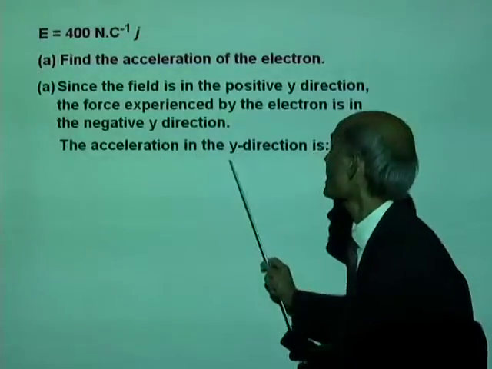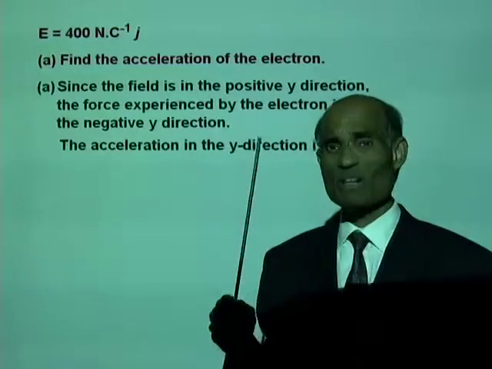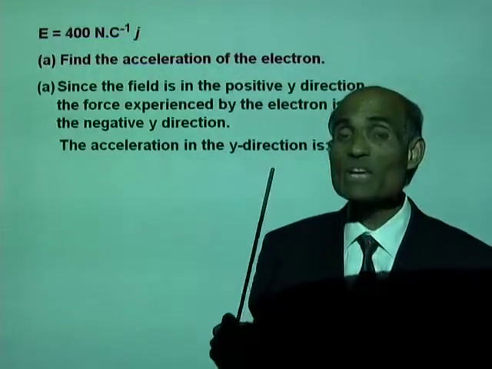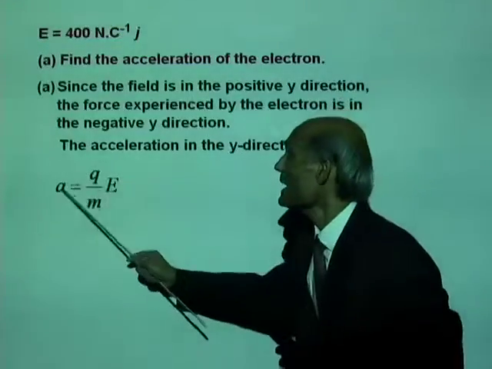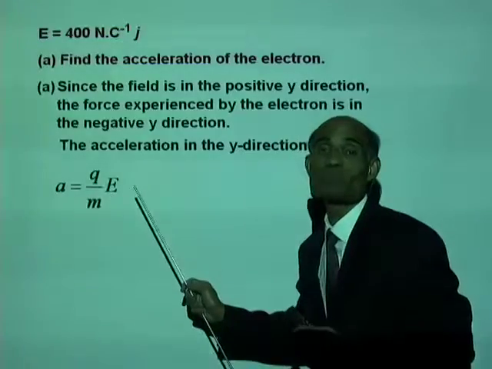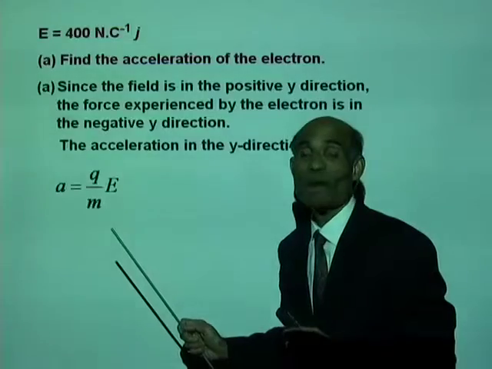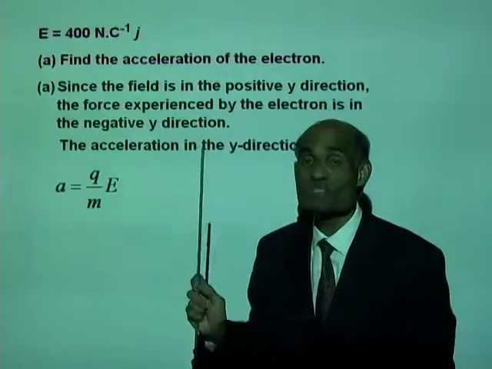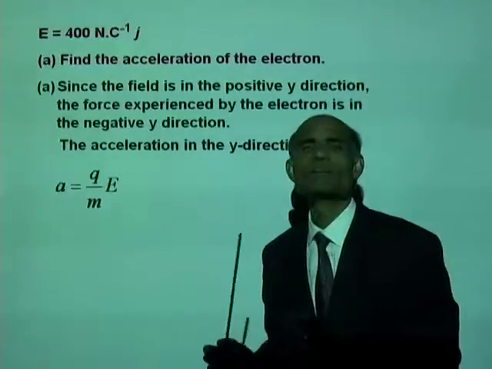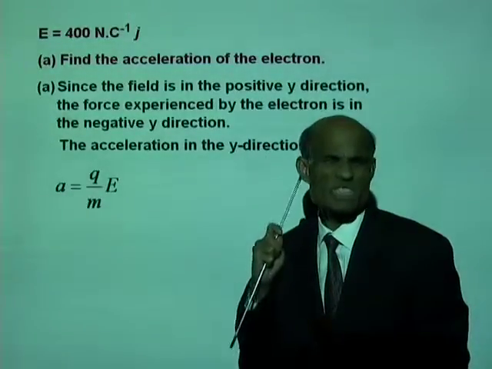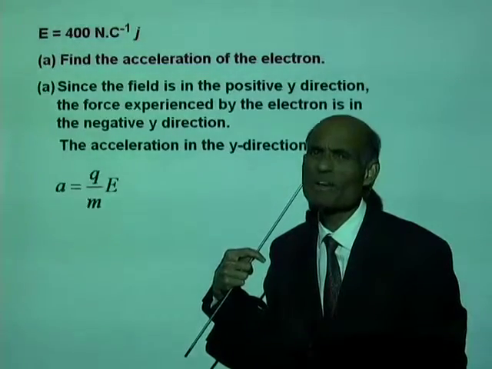The acceleration in the y direction therefore is, what is the formula for the acceleration we derived? a equals q over m times E. What is the charge carried by an electron? 1.602 times 10 to the negative 19 coulomb. What is the mass of an electron? Can I remember it? Is it 9.1 times 10 to the negative 31 kilograms?